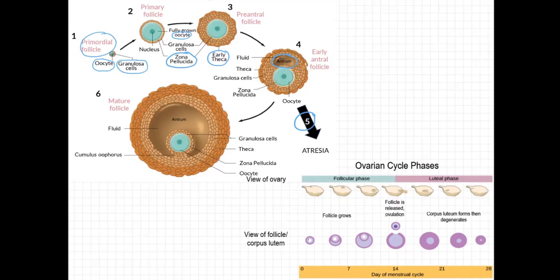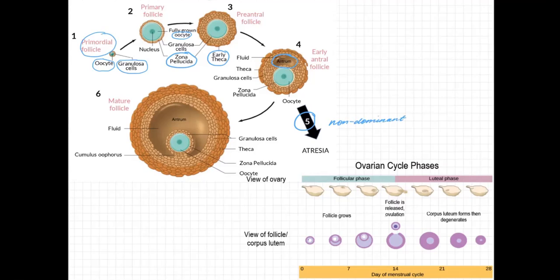But obviously, you only get one egg that is able to be fertilized in most cases. The rest of the follicles, we call them the non-dominant follicles. And the non-dominant follicles undergo atresia, which is a type of apoptosis.